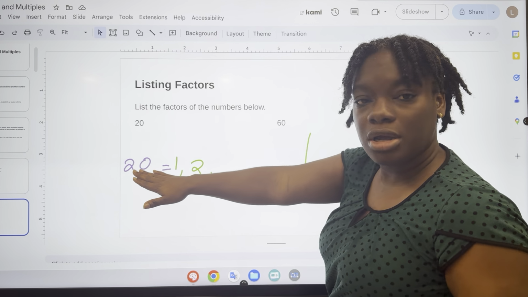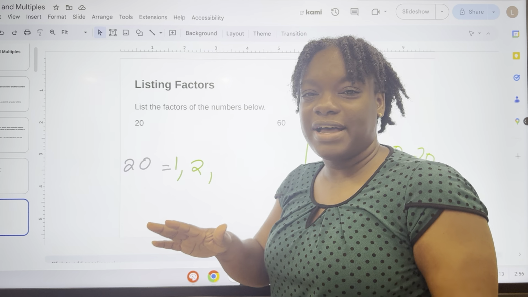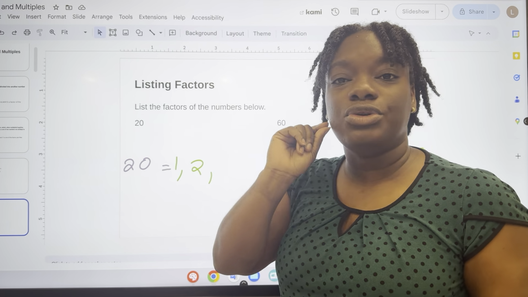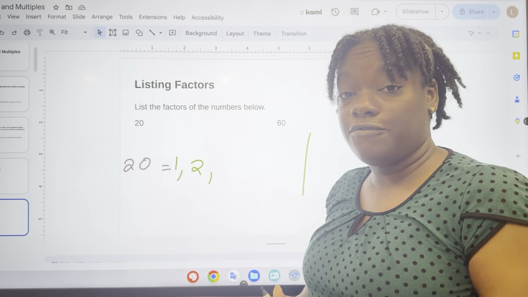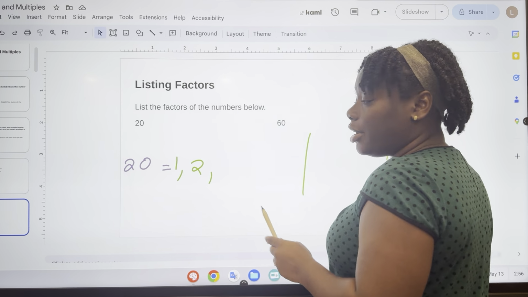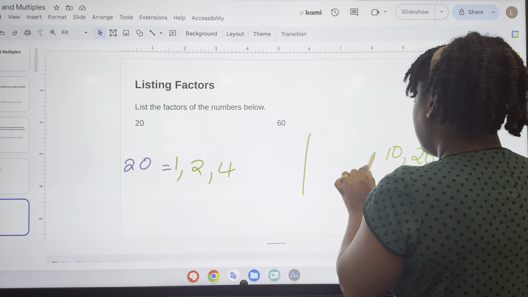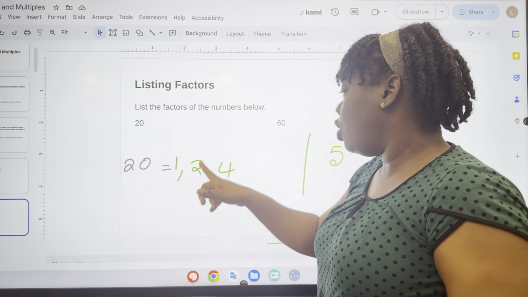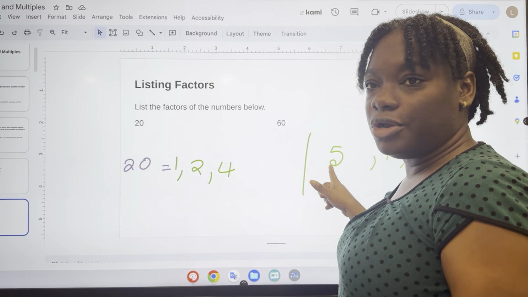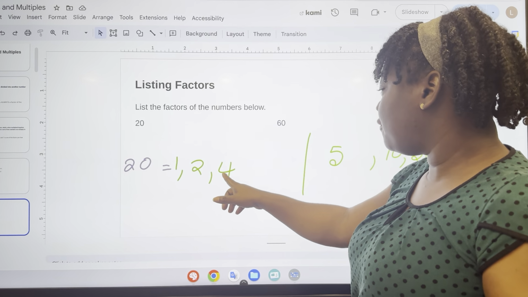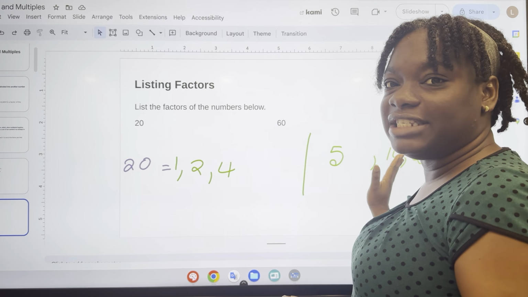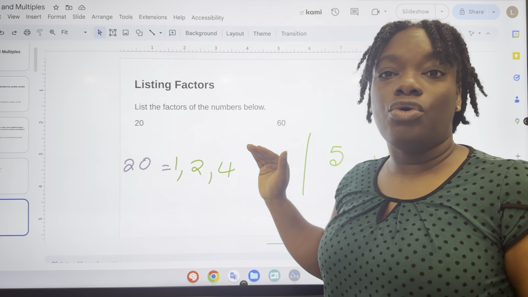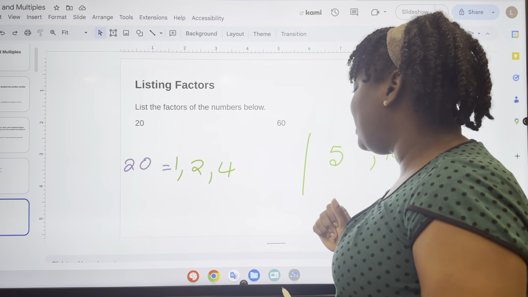Can 3 work? No, 3 would not be a factor of 20 because if I was to divide 3 into 20, it would leave a remainder of 2, right? Can 4 work? Yes, 4 and 5. Notice the number after 4 would have been 5 and it's on the other side. So it means that we would have listed all our factors of 20.